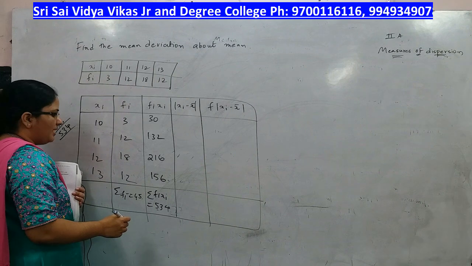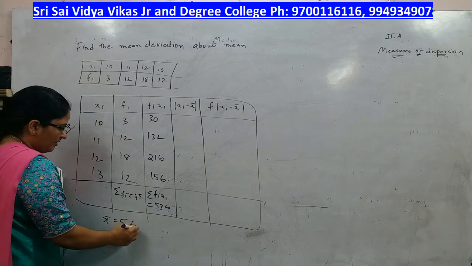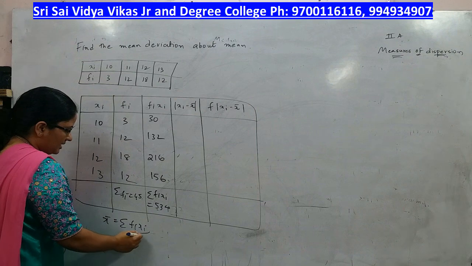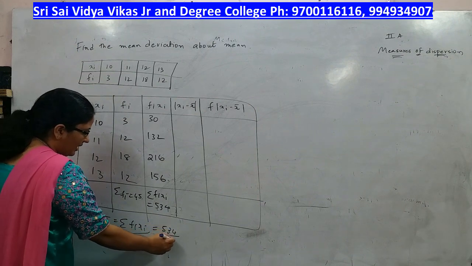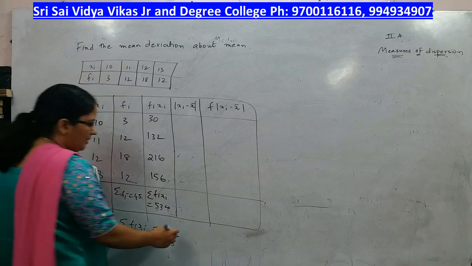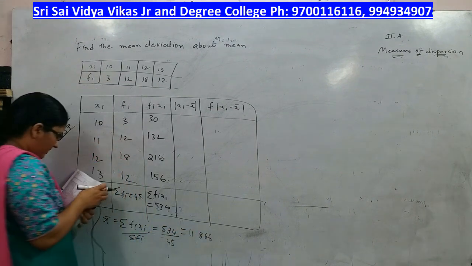Xi minus x bar. First of all, we have to find x bar. X bar is equal to summation fi xi by summation fi, 534 by 45, which is nothing but 11.866. That is the value.